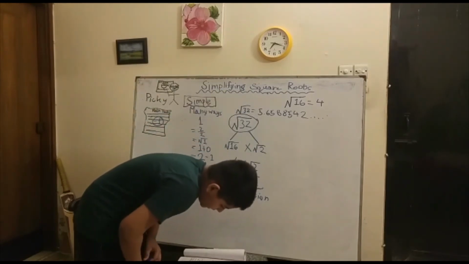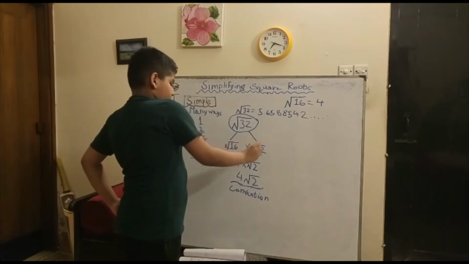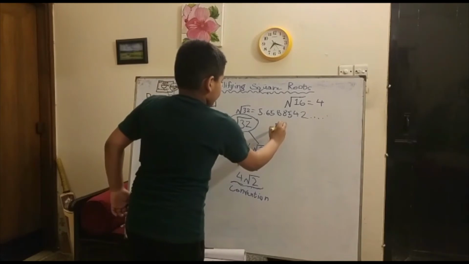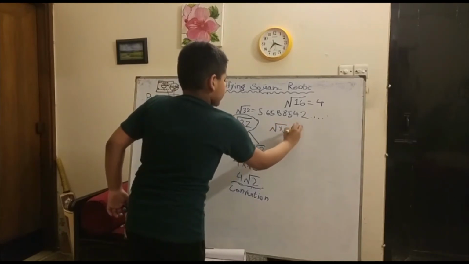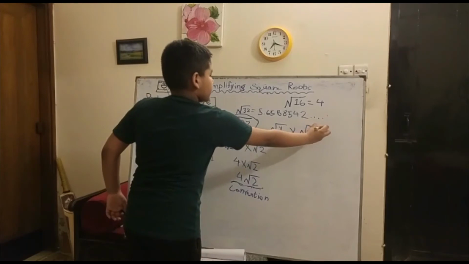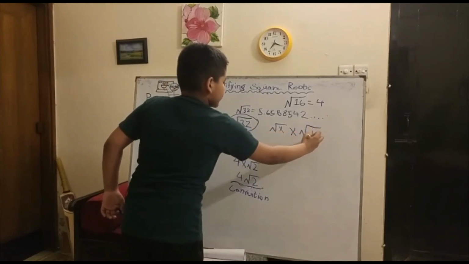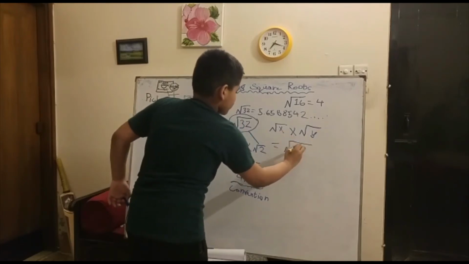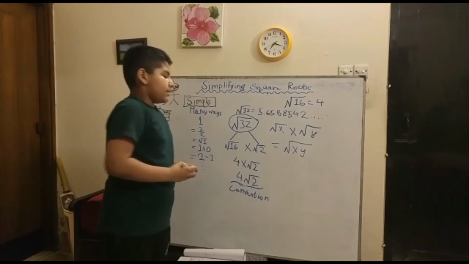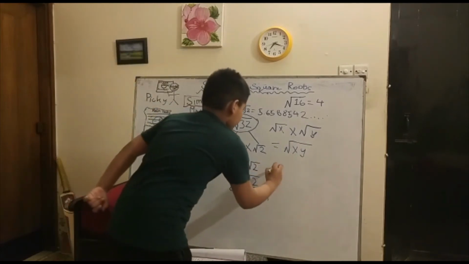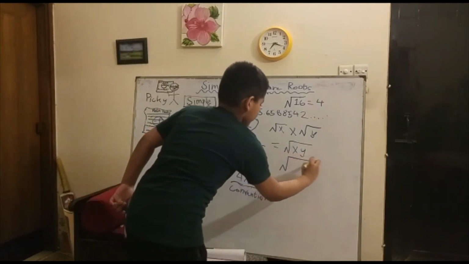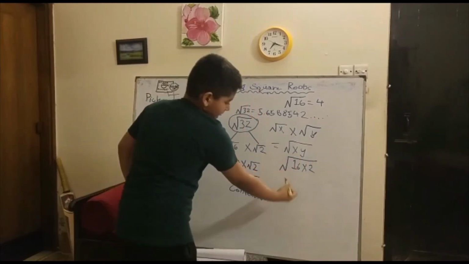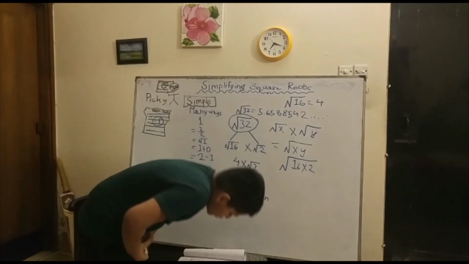So the rule here that we use is, if any square root gets multiplied with another root, then it would be the root with those two numbers together. You can see that. This can also be expressed as this, which is this, as you can see.